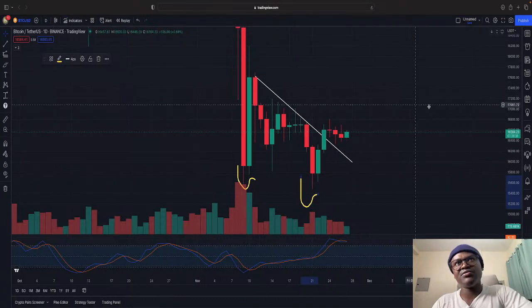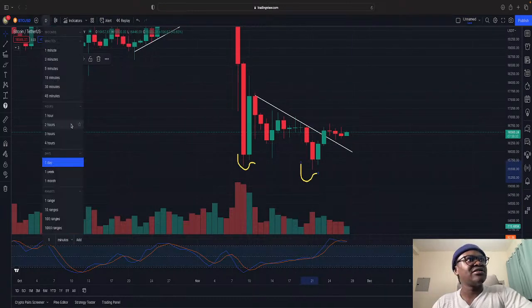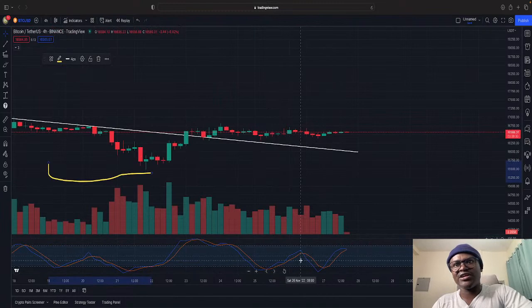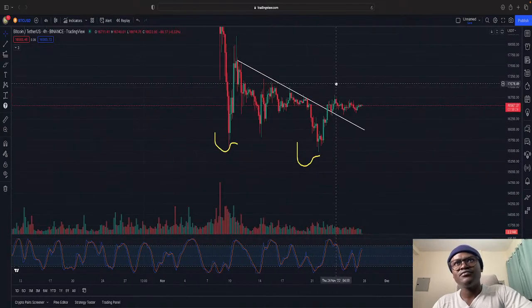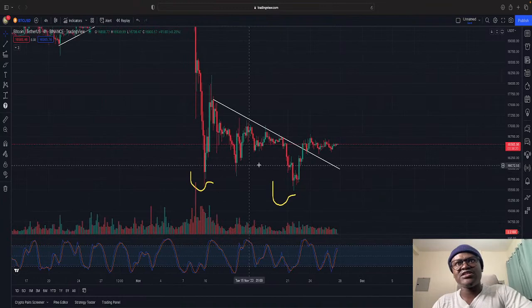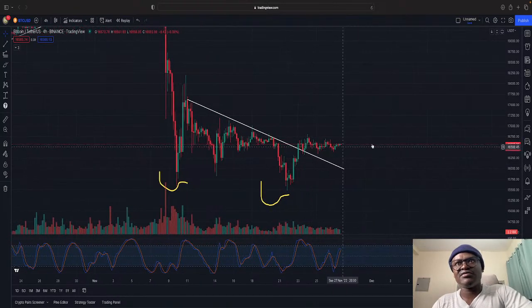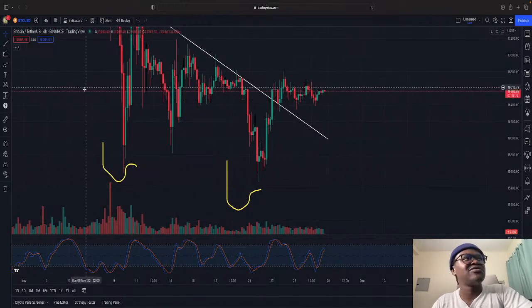If we go to the lower time frames, let's go to the 4-hourly and see if we can find any proof for the thesis. Now on the lower time frame, you could easily say that BTC is forming some bullish price action here, the same as I was talking about before.